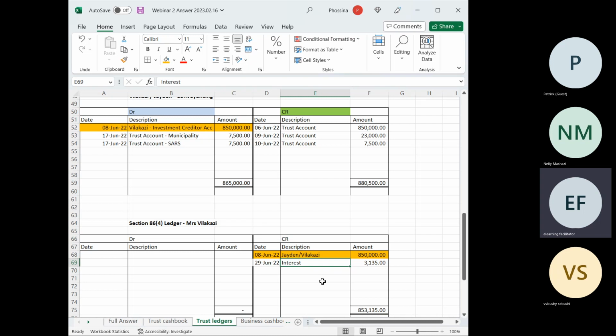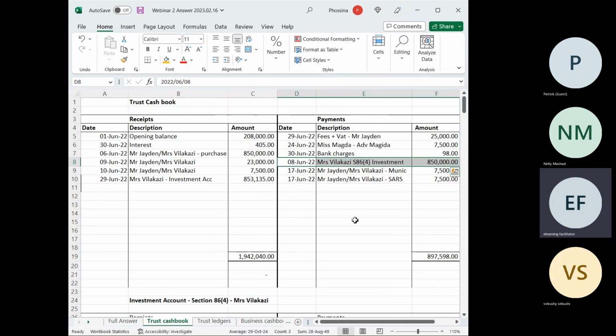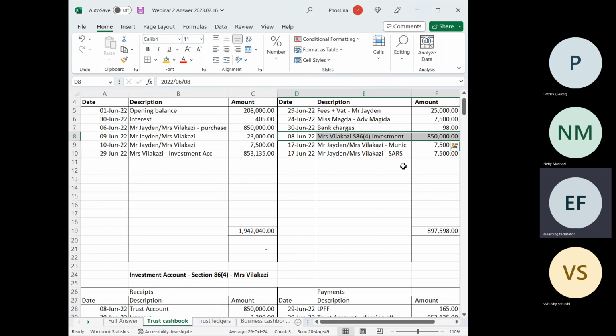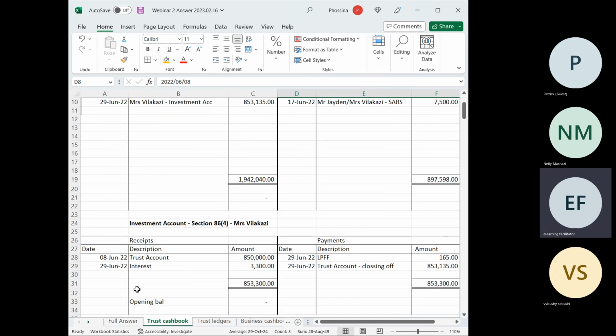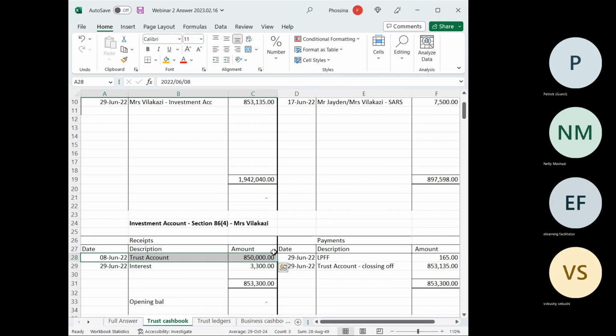We are taking money out of trust. So the effect is that we have taken money out of trust and we have put it in an investment. And also when we do our cash books, when we move this money out of trust, we are paying out of trust, and it's being received in an investment account.